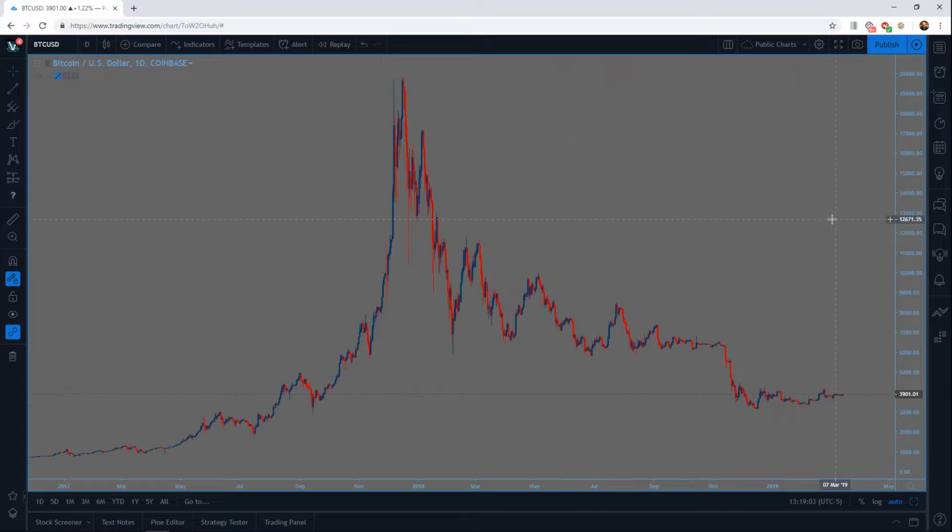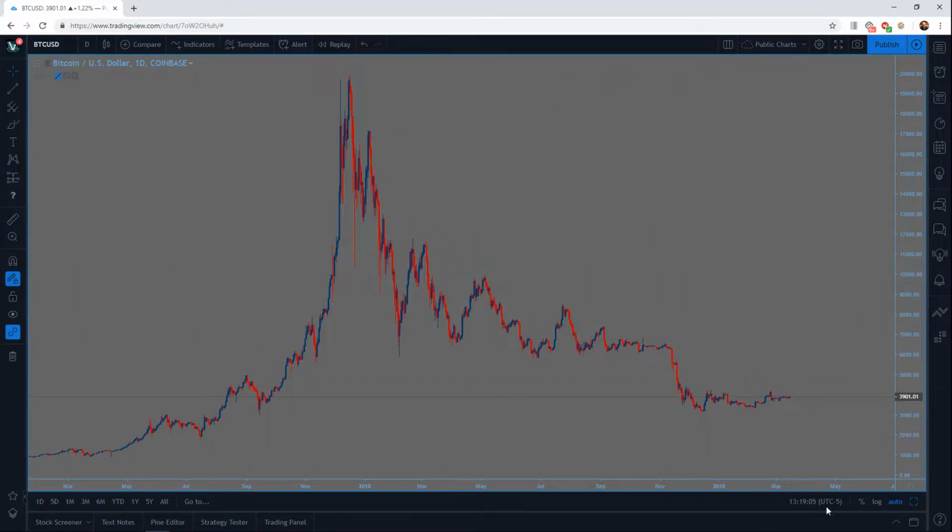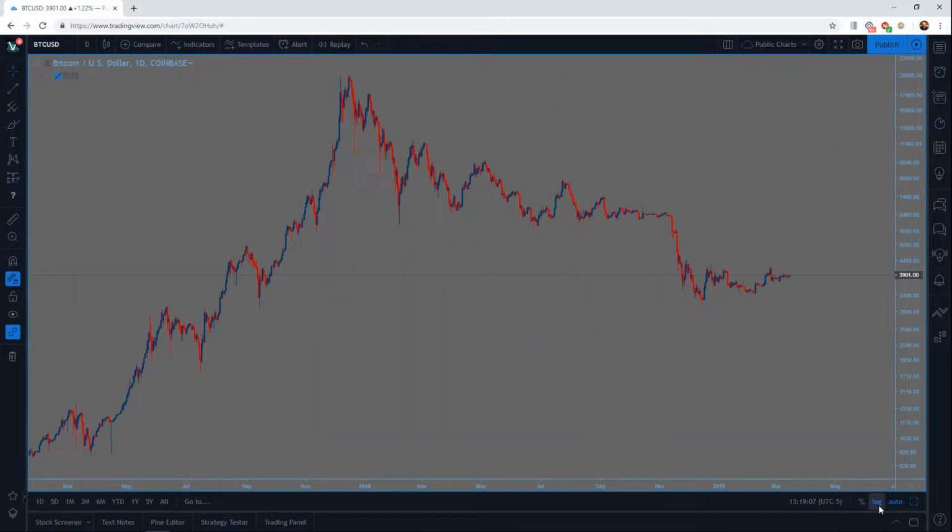If you're not familiar with what the difference is between log and linear, log uses more of a percentage difference. So when you have a price difference, such as 85%, log makes those moves look a little bit more equivalent because they aren't moving based on price, they're moving based on a percentage.